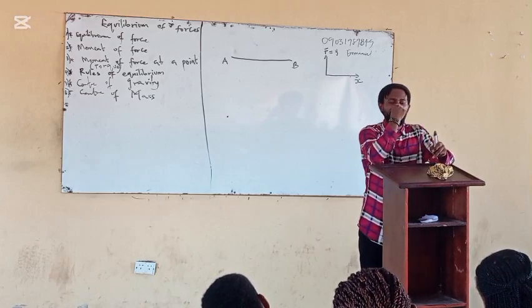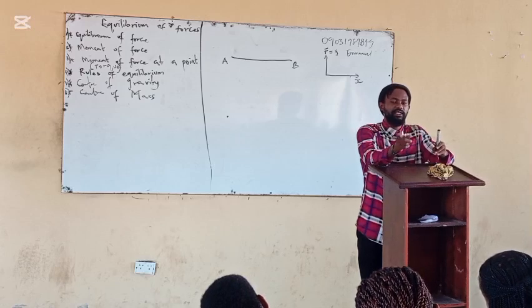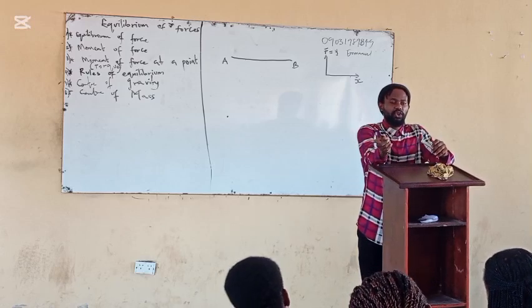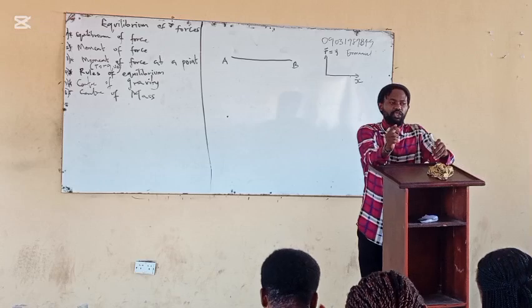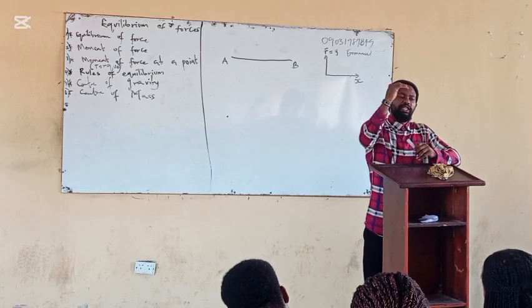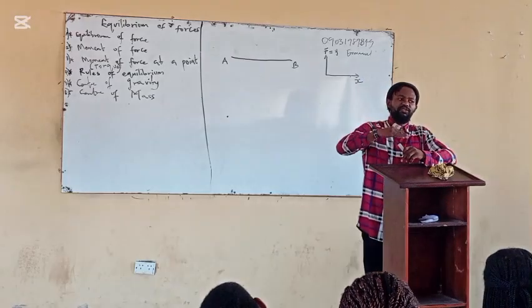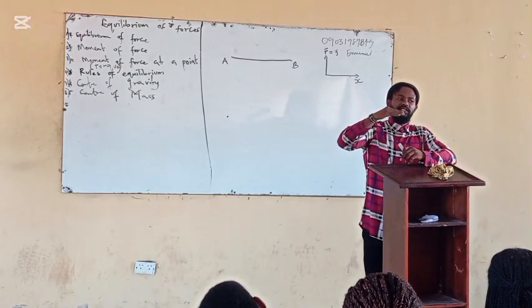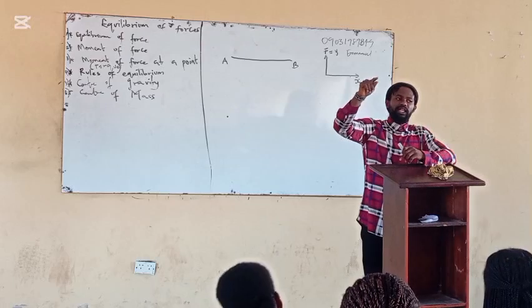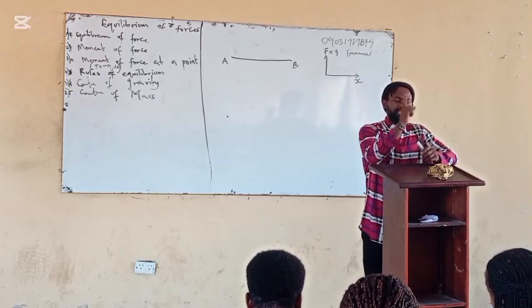Full stop. That is, the total net force of a system must be equal to 0. So the sum of upward force must be equal to the sum of downward force, and that is, the total net force must be equal to 0. That is the first rule.